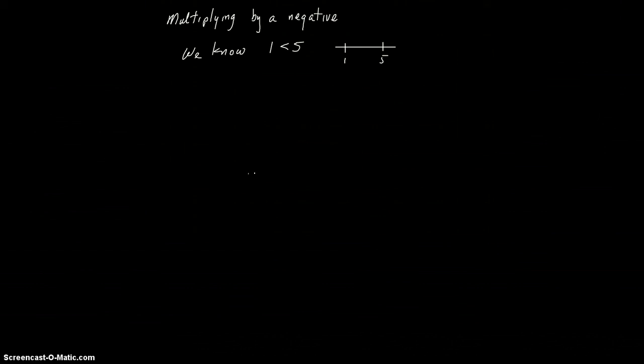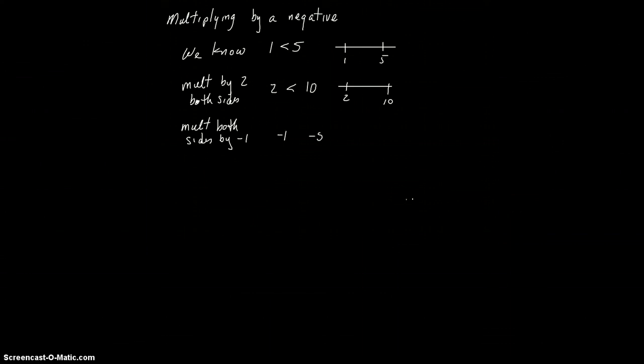If I multiply both sides by 2, what happens? I get 2 here, and I get 10. Well, 2 is still less than 10. Again, 2 is to the left of 10. But what if I take this and I multiply both sides by -1? Now I have -1 and -5.